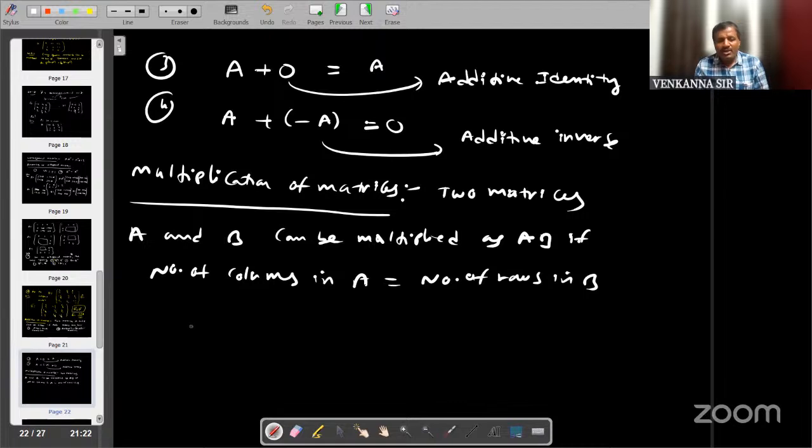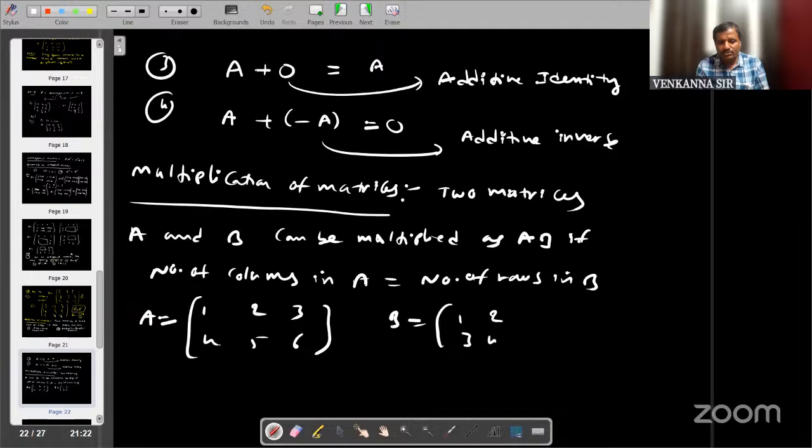I am going to give some examples here. Tell me which is possible here. A is 1, 2, 3, 4, 5, 6. B is 1, 2, 3, 4.